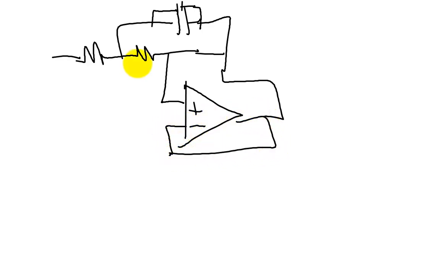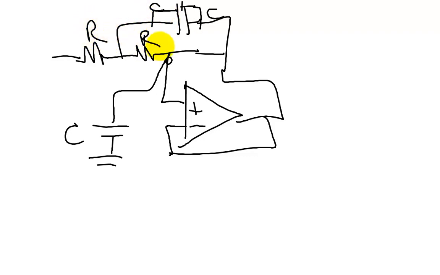Okay, this is going to be the plus terminal. And then this guy here. C, C, C, R, R. And you may want to just find the bookmark in the, this is page 410.